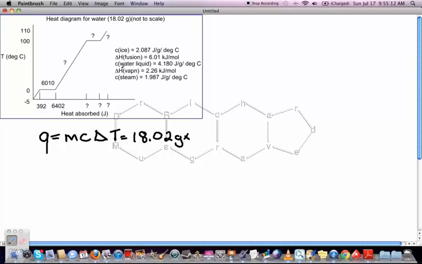Now we're going to use the heat capacity of the water, 4.180 joules per gram per degree Celsius. And we're looking at the difference in temperature, which is going to be from 0 to 100, so 100.0 degrees.